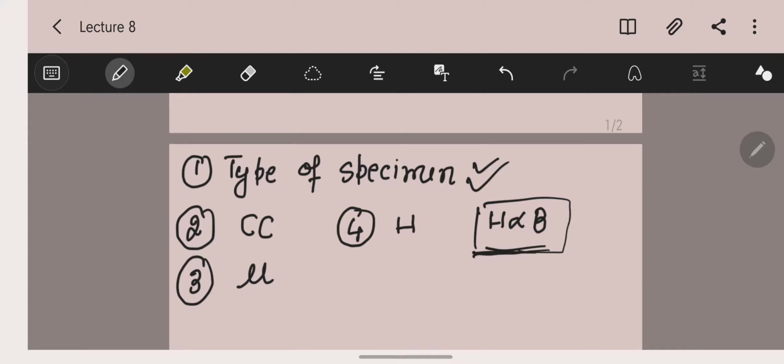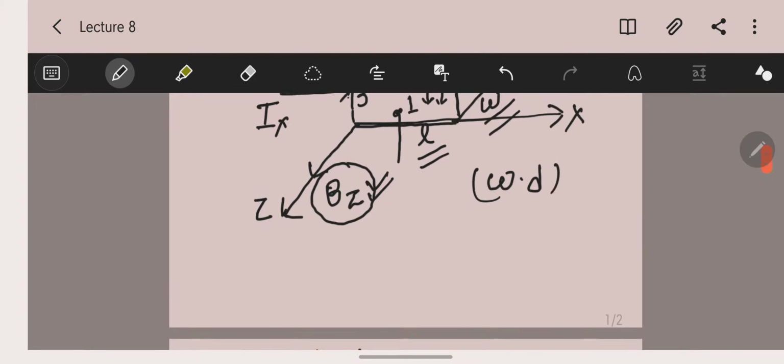So using this Hall experiment, we can find all these parameters for an unknown specimen. What is the type? What are the charge carriers? How many charge carriers are there? What is the mobility of the charge carriers? What is the magnetic field intensity of that region?